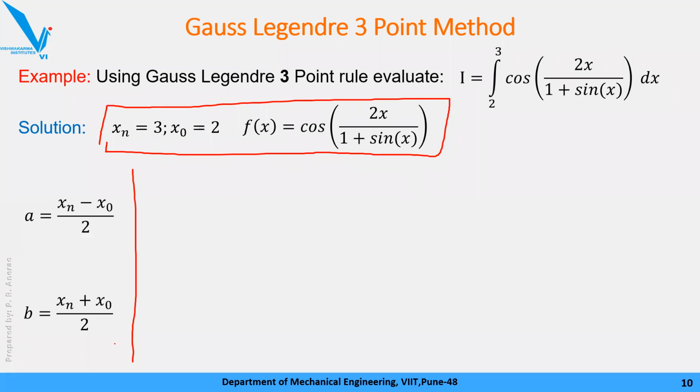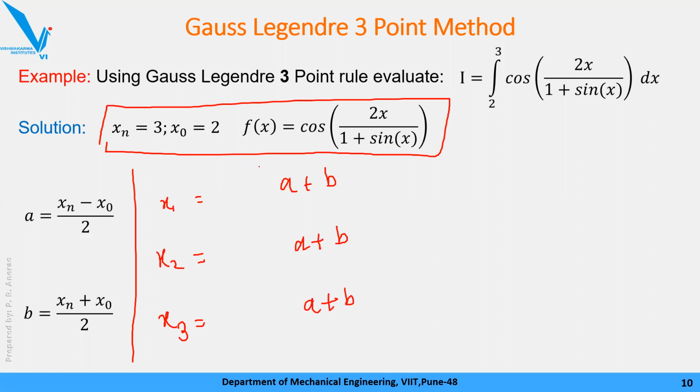Now step 3, x1, x2 and x3. In 3-point, remember there will be x1, x2 and x3, three of them. We need to calculate these. How do we remember this? All are nothing but a plus b, where we have to give weightage to a.